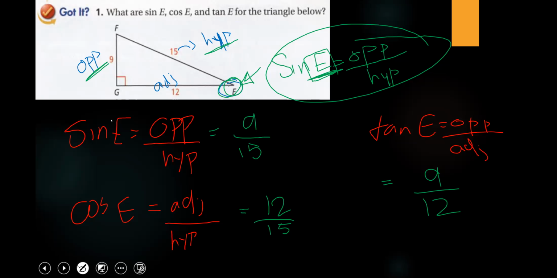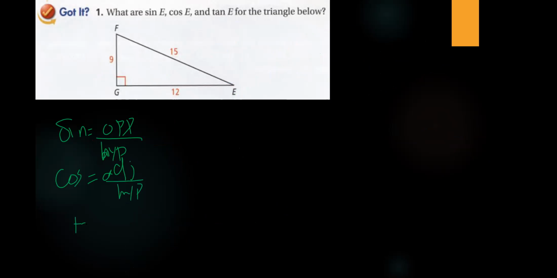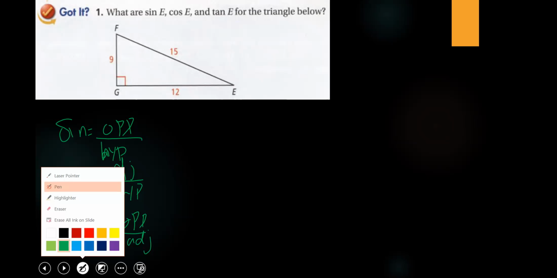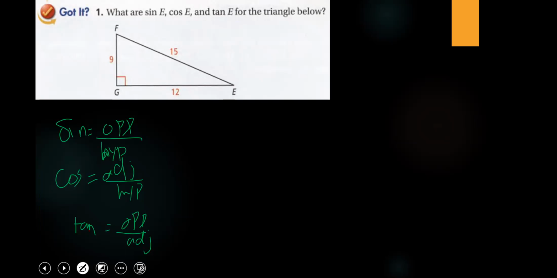Now I finished the check. You are welcome. Now, a summary of the box. Since sine is opposite over hypotenuse, cosine is adjacent over hypotenuse, tan is opposite over adjacent, they write them as an abbreviation.